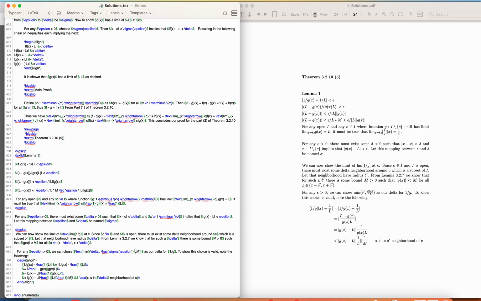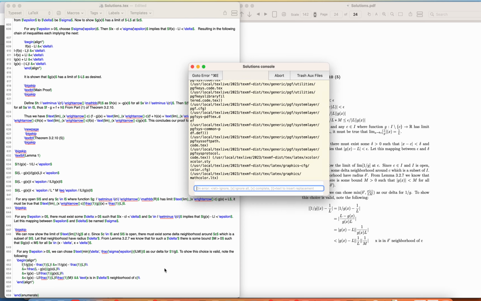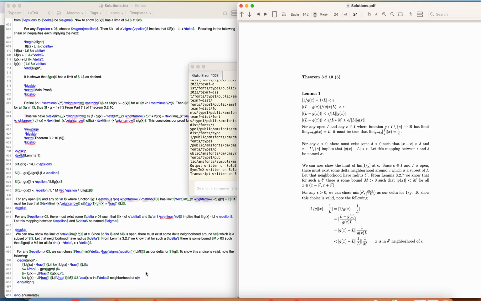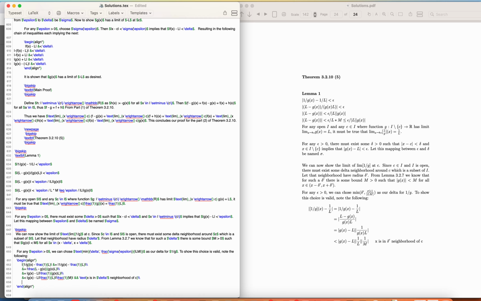Oh, I think I need an absolute value here. Yeah. So now we can plug in this value, and then it can expand out.